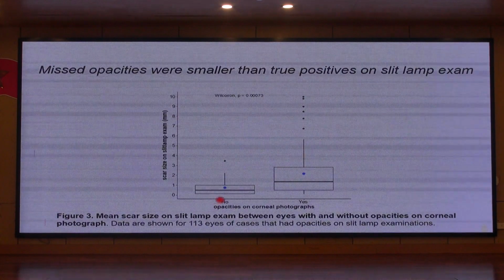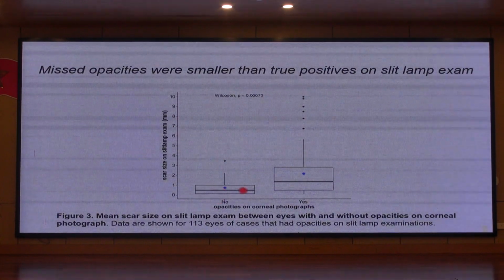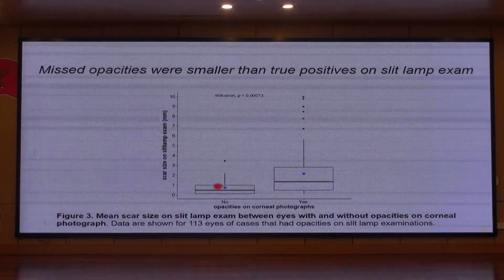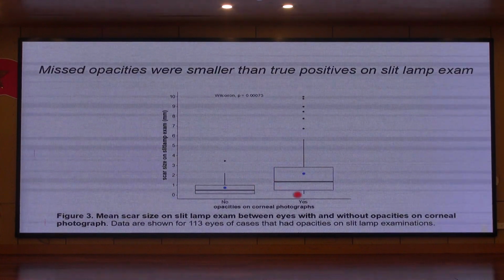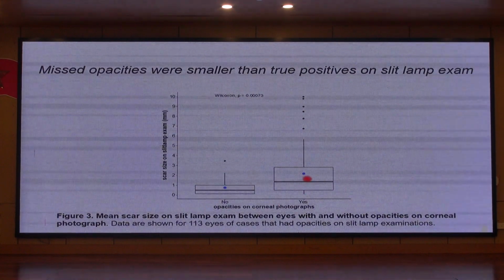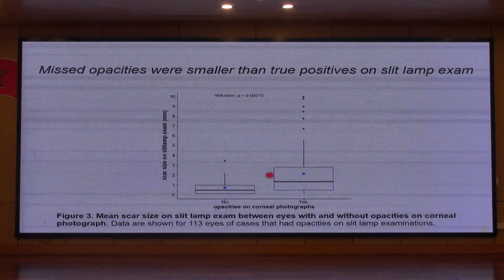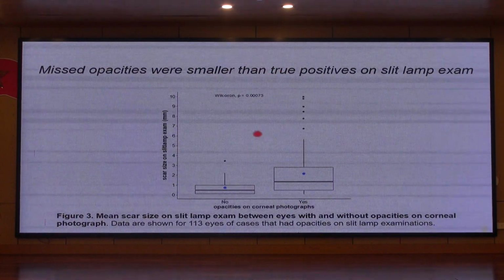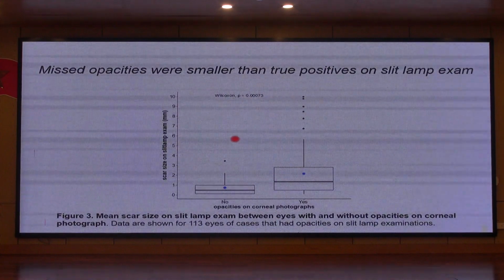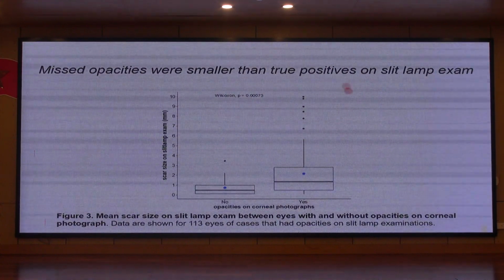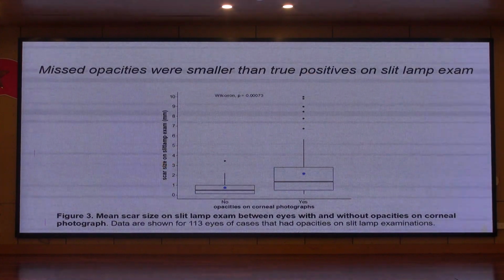So for these people, the mean size of the scar is around 0.75 millimeter, whereas in this group, the mean size of the scar or the opacity is 2.2 millimeters, and the difference between these two groups is statistically significant. So this graph supports a similar finding as the above graph, that corneal photographs tend to miss small scars.